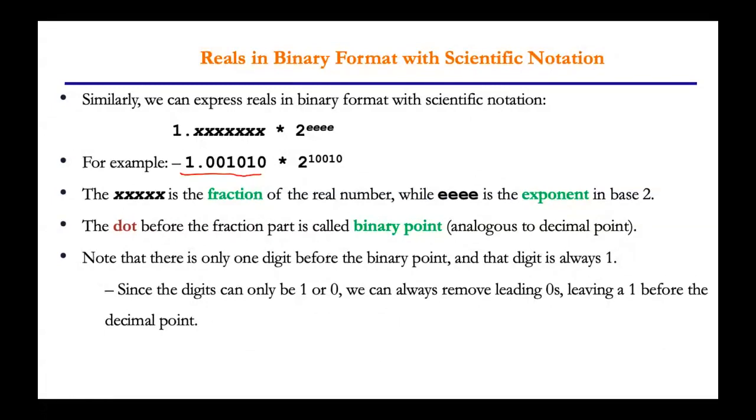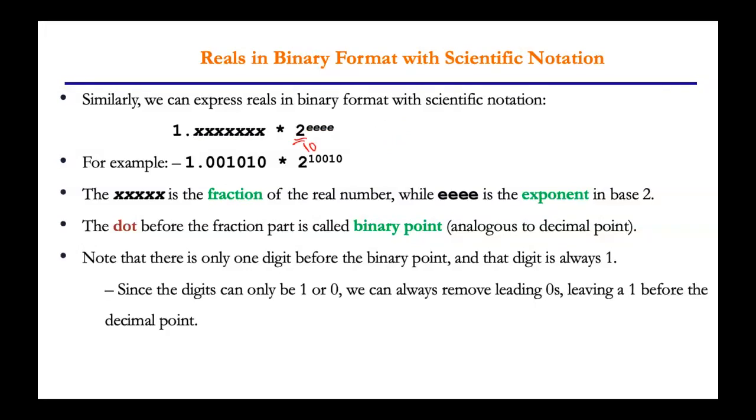From here you can see the terminologies which we use for representing this floating point representation. After the dot, whatever part is there, we call it the fraction of the real number, while this part we call the exponent, and here we use 2, so it is base 2.